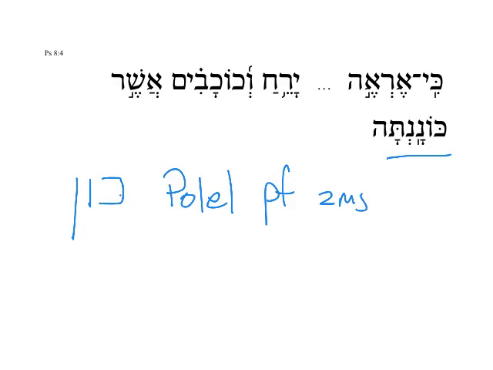And there's a paragogic he, perhaps just stylistically for the poetry here. So in this case, the phenomenon of the hollow in the polel form, we have the third root letter doubles. So we have konanta in the polel form. A little bit unusual, but something to get used to with the hollow verbs.